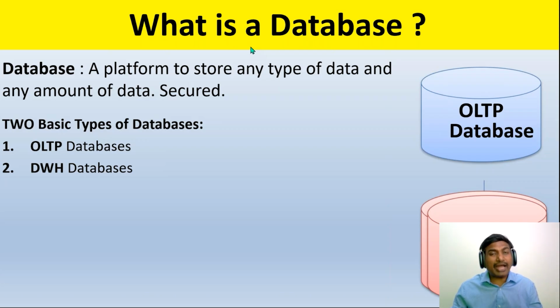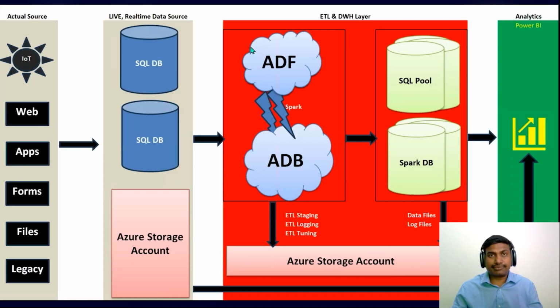Let's go back to this particular diagram again. A database can store data that is collected from IoT devices, websites, forms, apps, files, and legacy systems. Legacy means old data systems, old applications and tools, or old methods.